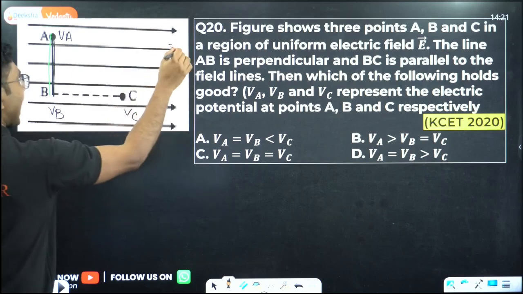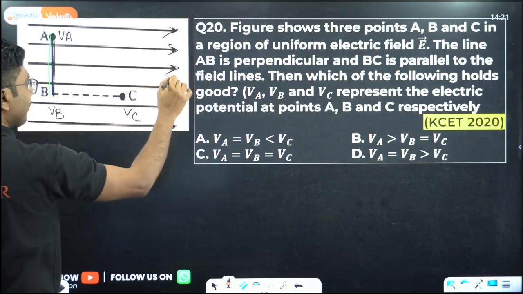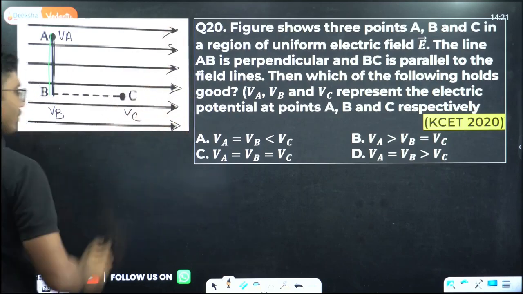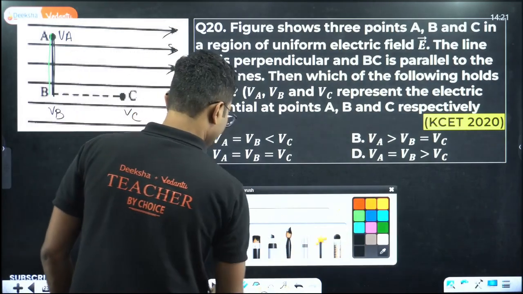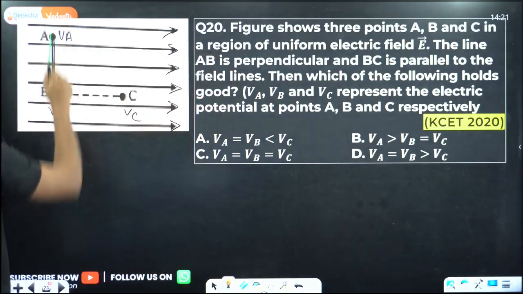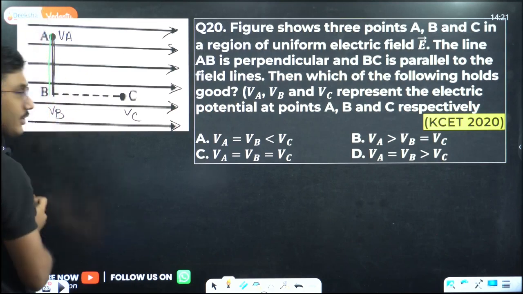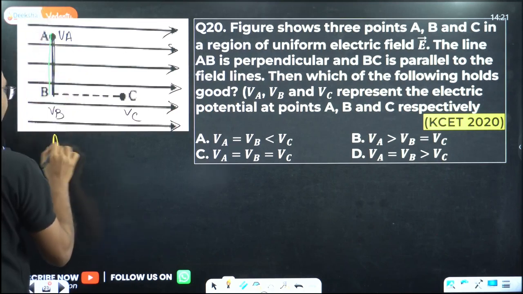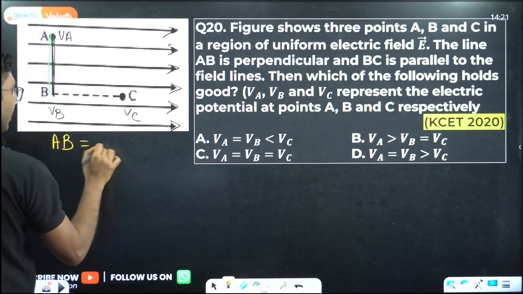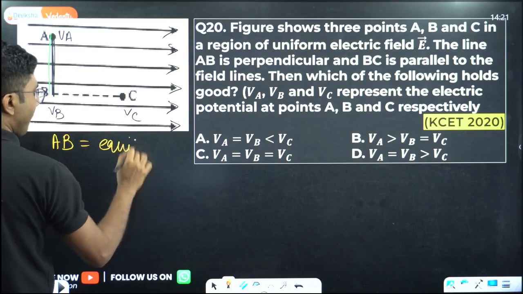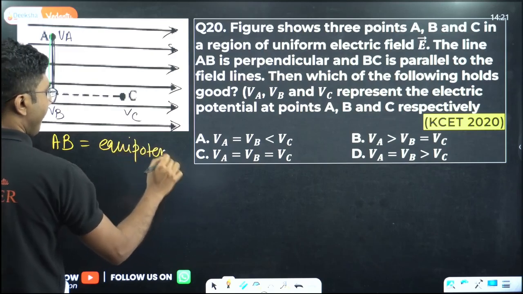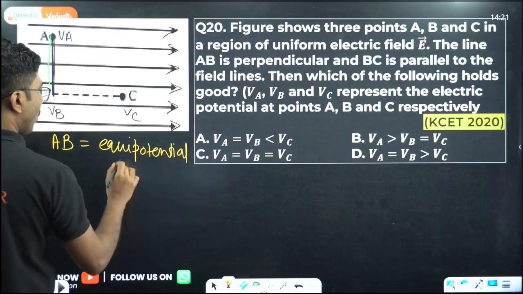Now if you see that arrows are pointing in this direction. This line is perpendicular to the electric field, so this represents an equipotential surface. So AB is an equipotential surface. Why so?